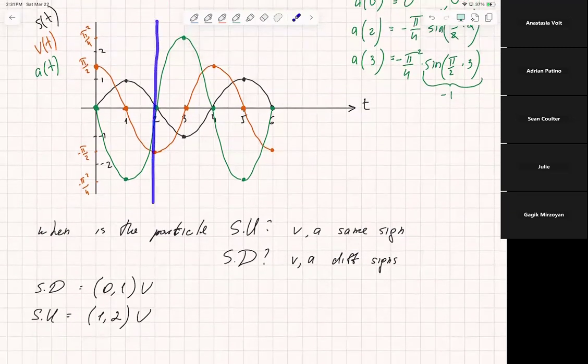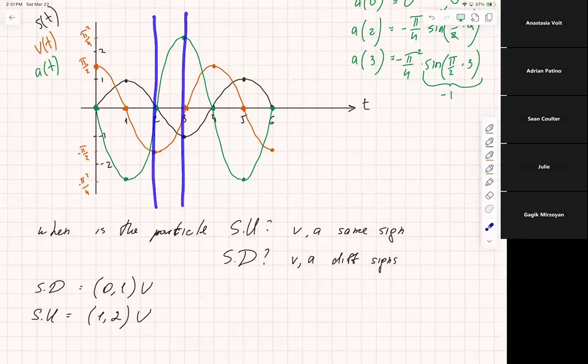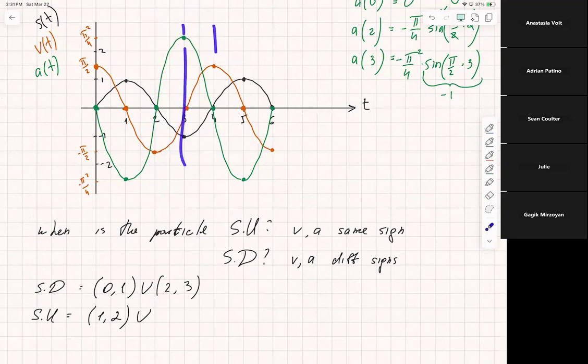From 2 to 3, we have acceleration is positive, velocity is negative. So this is where we slow down, right? So we have from 2 to 3. From 3 to 4, we have both are positive, right? So this is where we speed up, 3 to 4.